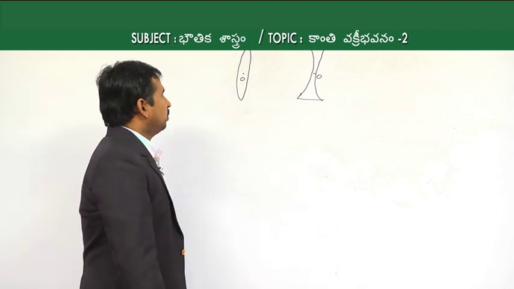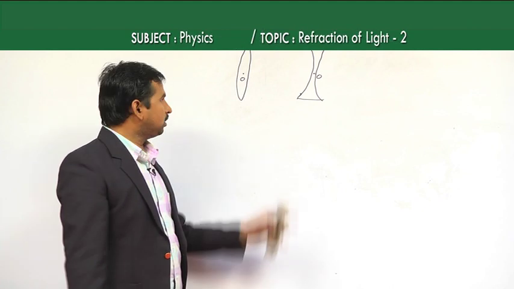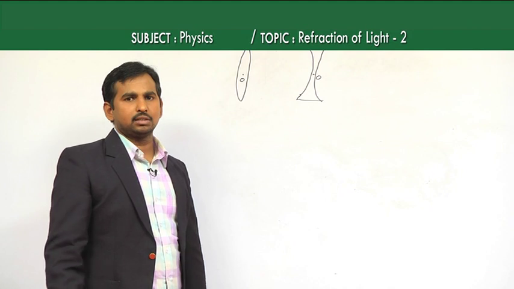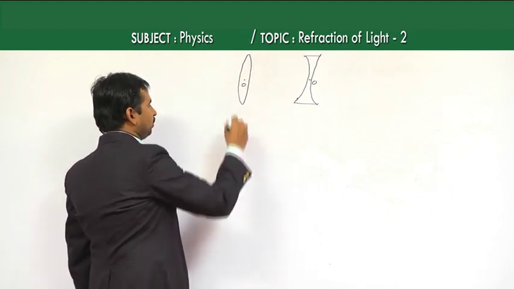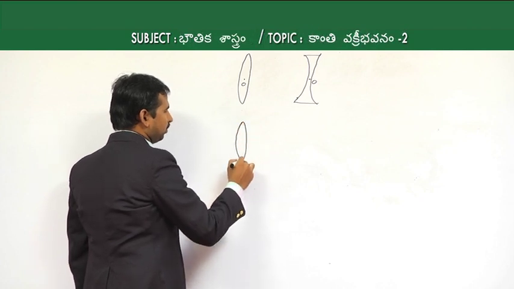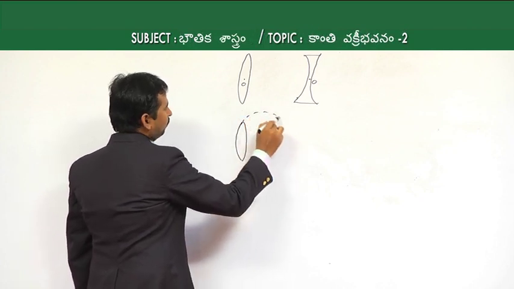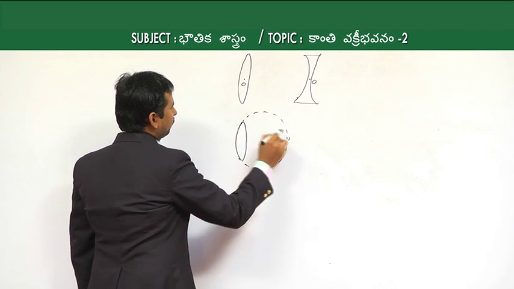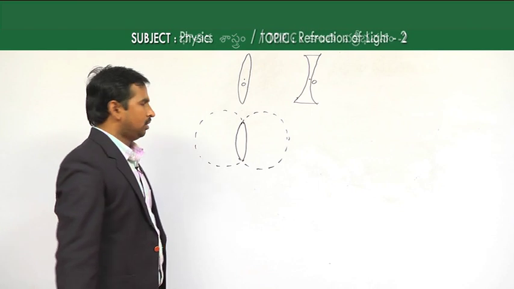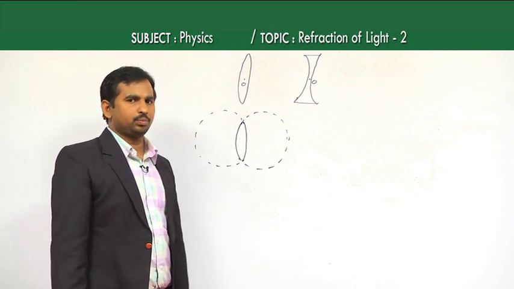Now, next one is, both of these lenses are parts of a glass sphere. For example, a double convex lens is taken from a sphere, and this one also is taken from a sphere, like this. Those are parts of a glass sphere only.